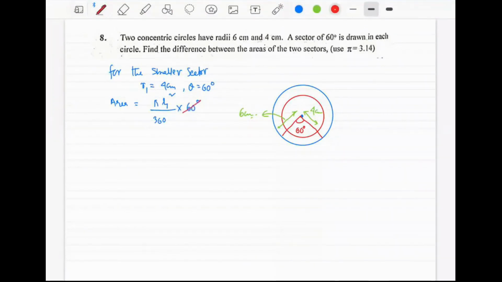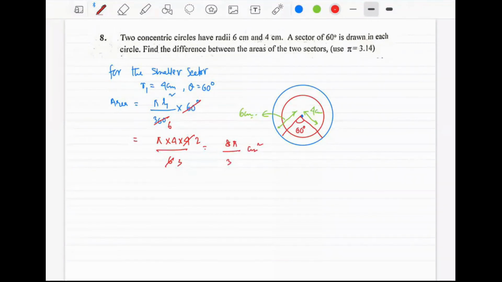Now we can cancel 60 and 360, so we will have pi r1 square by 6. Instead of r1, we put in 4 divided by 6. Whatever you can, cancel it out. 2 here, 3 here. So we are going to have 8 pi divided by 3 centimeters square.